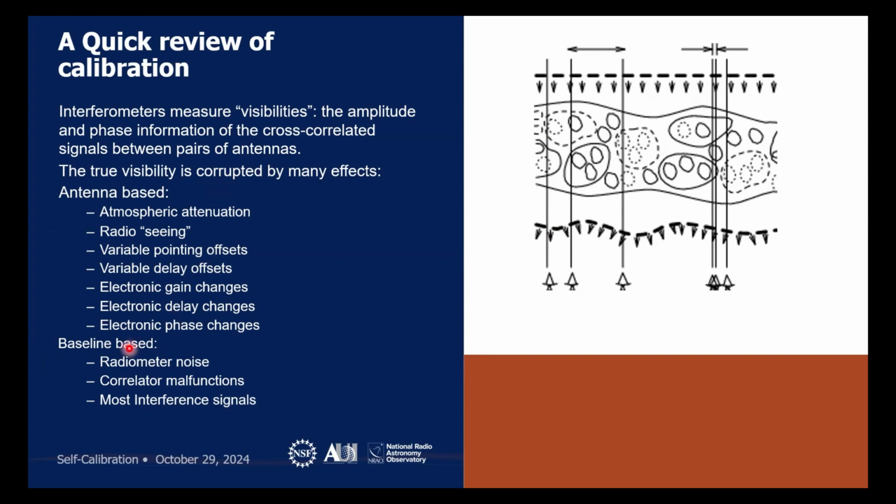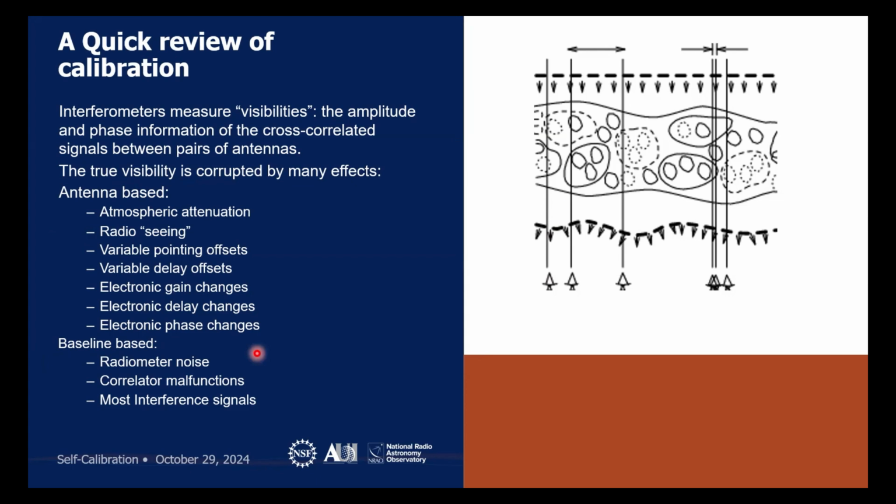So you can imagine, for each individual antenna, they will be affected by atmospheric attenuation. The seeing may not be good, and there are also variations in the electronic devices, like gain, delay, and phase changes. And this is just for individual antennas.